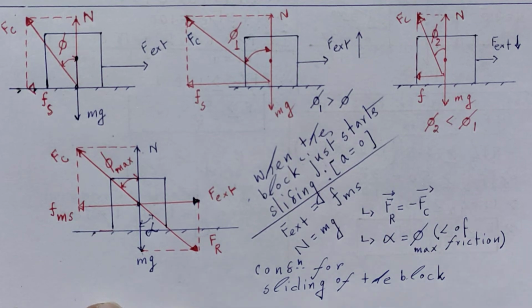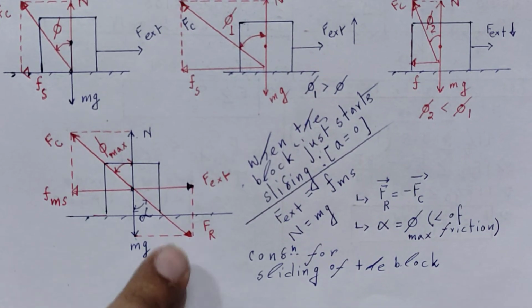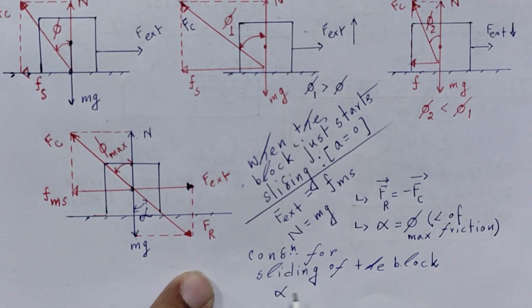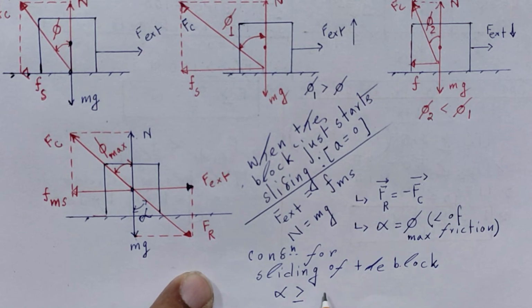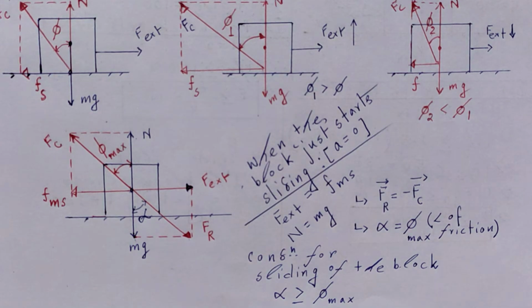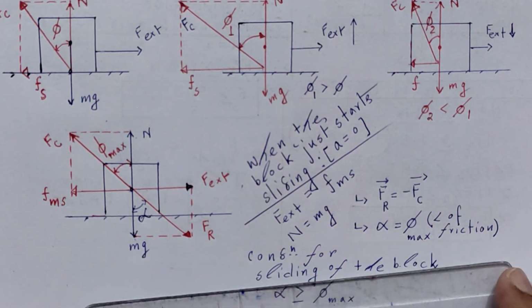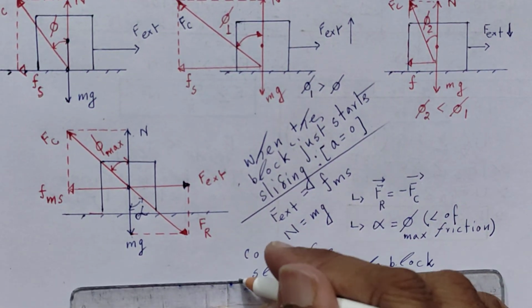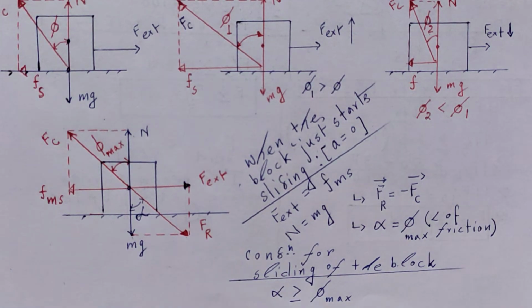The condition for sliding of the block is definitely that alpha should be greater than or equal to phi max. That is very, very important to understand. Alpha is greater than or equal to phi max.